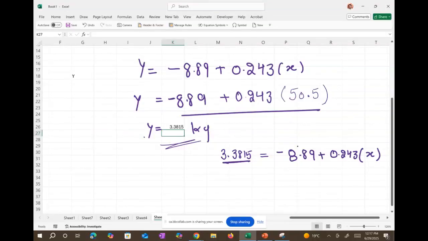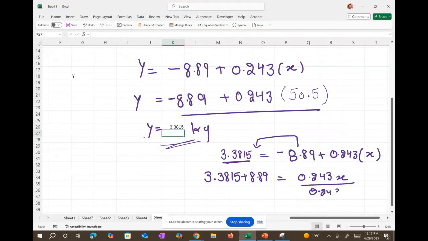How are you going to calculate that? You move the 8.89 to the other side: 3.3815 plus 8.89 equals 0.243x, and then divide both sides by 0.243. So make sure you add these two terms first, then divide by this. That's going to give you the x value.